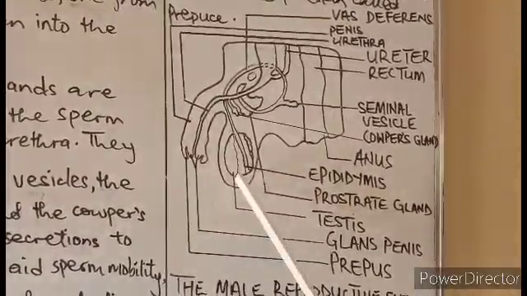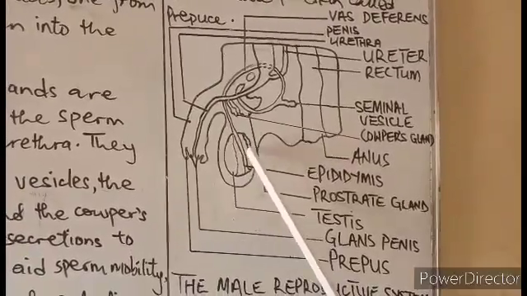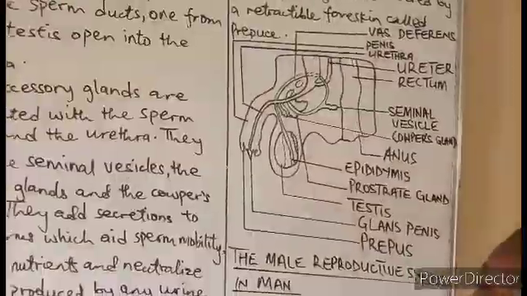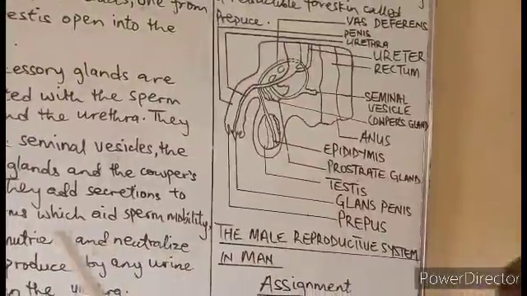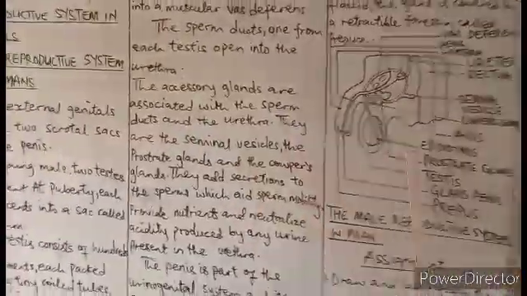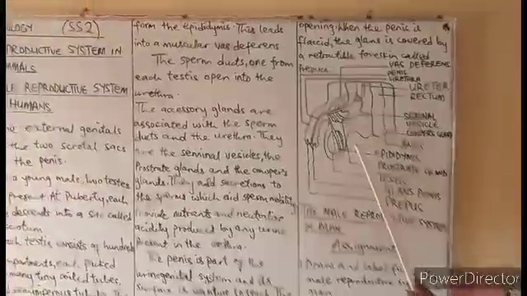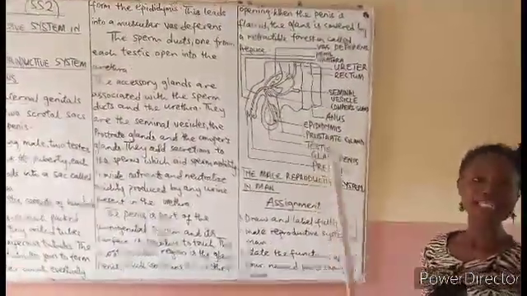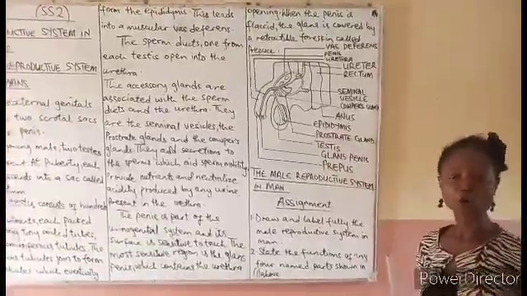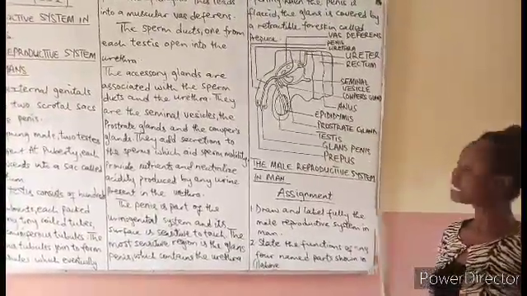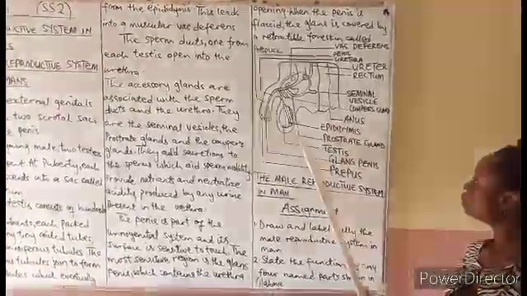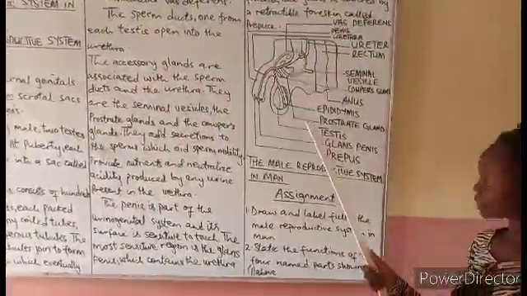The testis contains these tubules. So everything I have explained here is contained in this diagram. This diagram summarizes it, but in case there's any aspect you don't understand, when we resume, we will treat the diagram better.